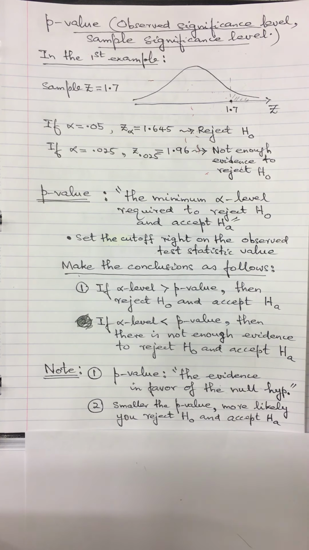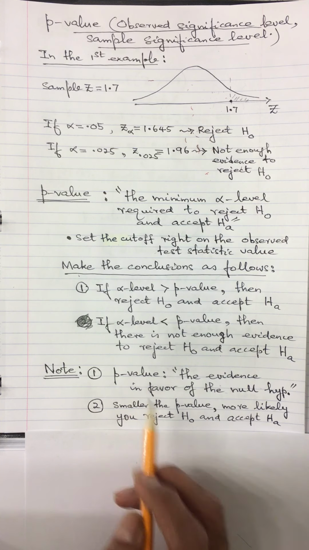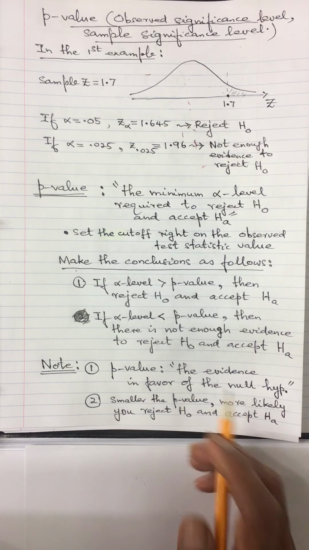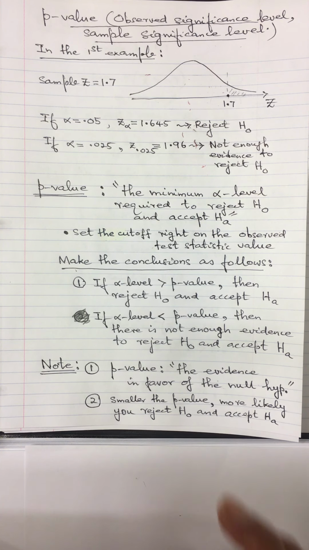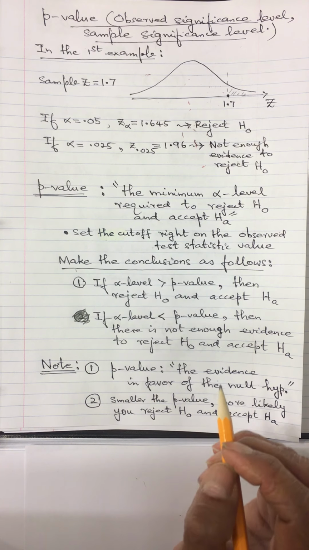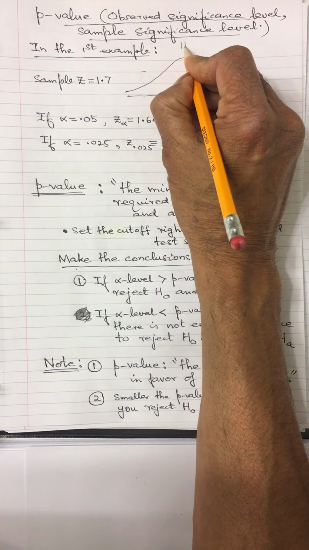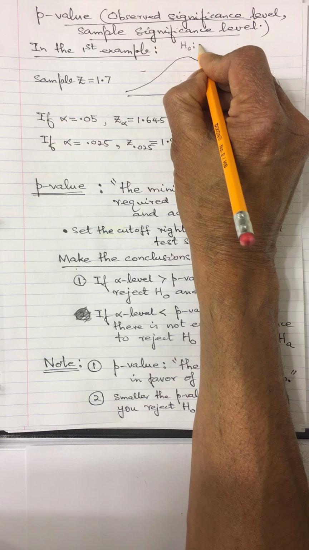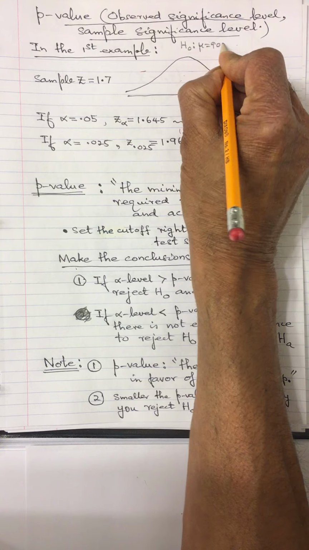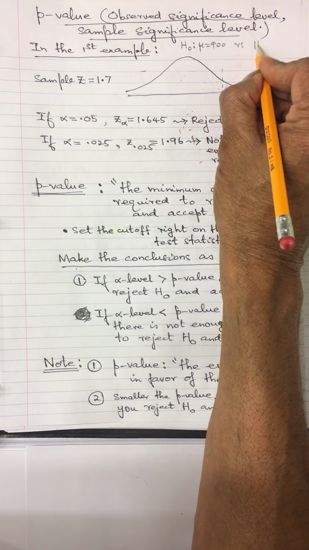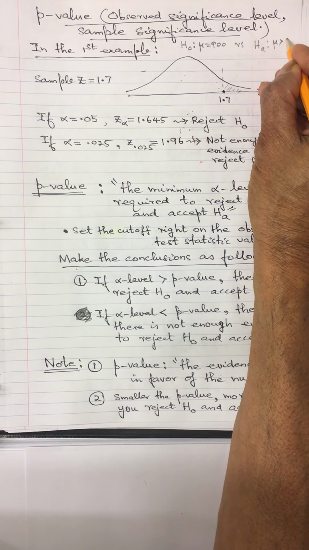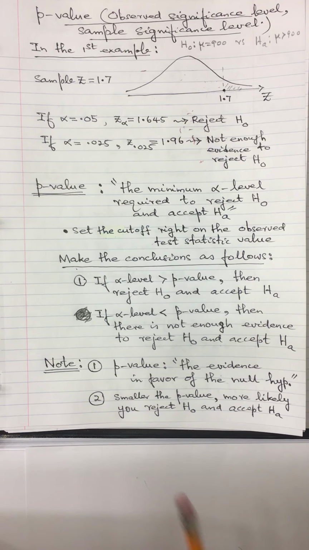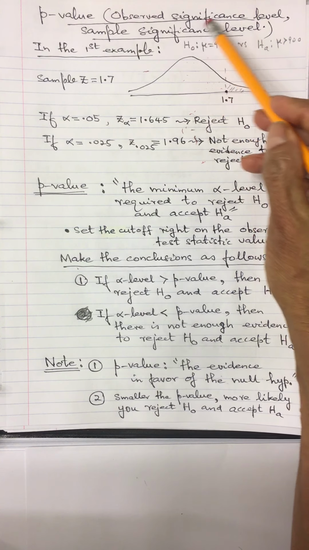So the p-value sometimes is known as the evidence in favor of the null hypothesis. You remember the two hypotheses we had: H naught was mu equal 900 against HA, mu more than 900 in this example. This p-value is the evidence in favor of that.